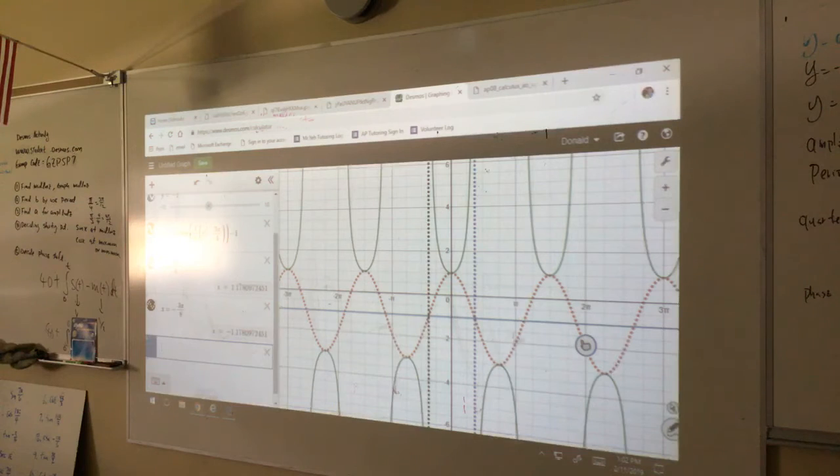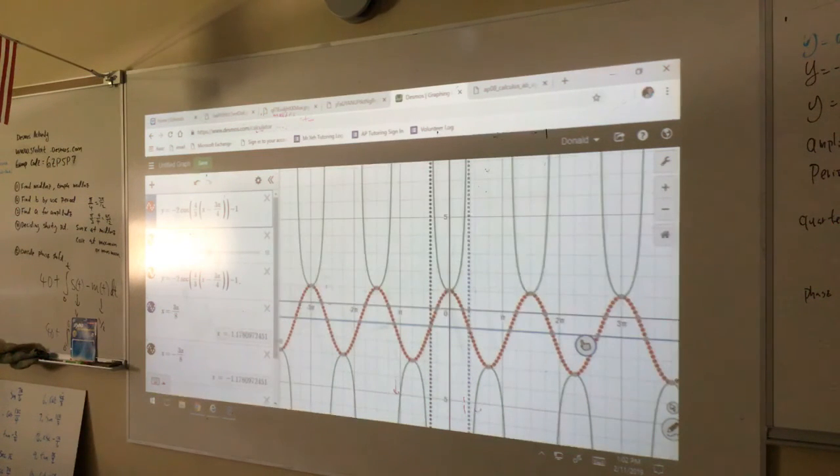Where this point intersects the midline is 9 pi over 8, right? So we're going to go to x equals 9 pi over 8.